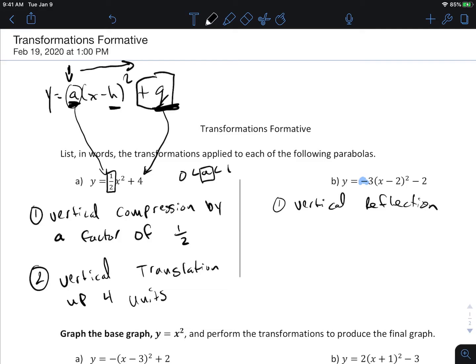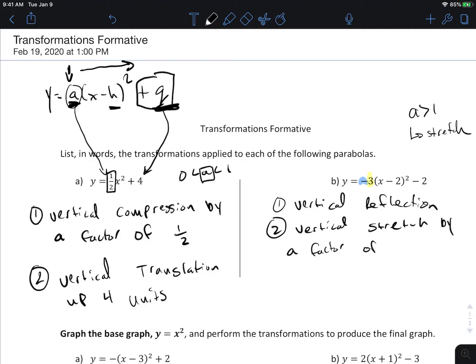The next thing I see is the 3. The 3, much like the other question here where I had the 1/2, I see if A is bigger than 1, we get a stretch, right? So this time I get a vertical stretch by a factor of 3.